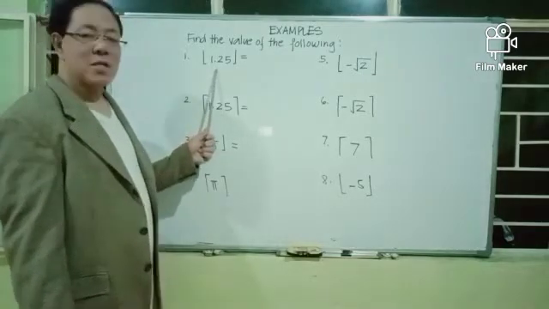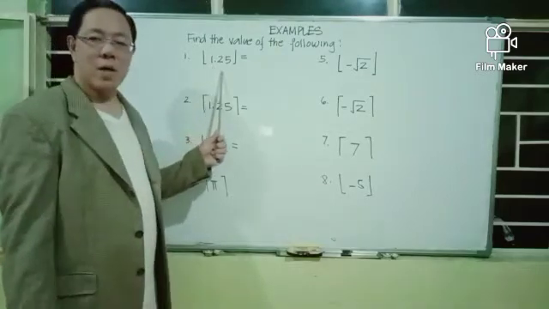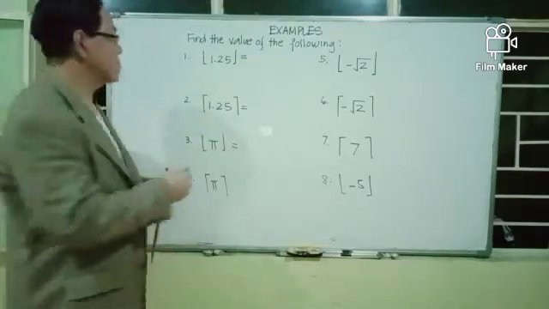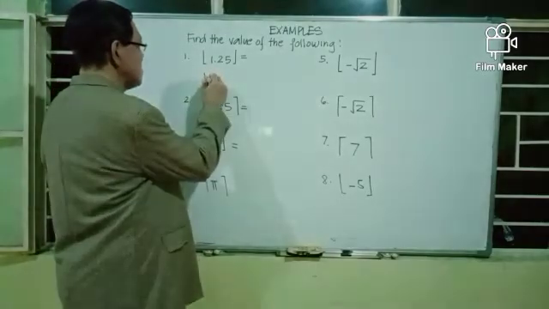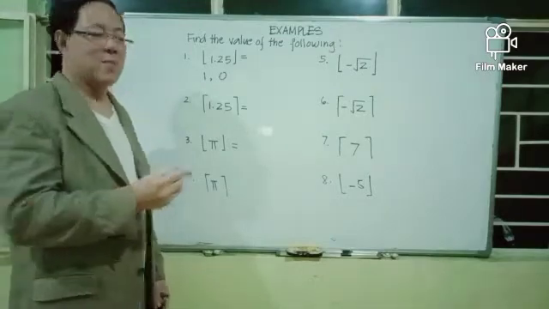The integers that are less than or equal to 1.25 are 1, which is an integer less than 1.25. 0 is an integer less than 1.25.